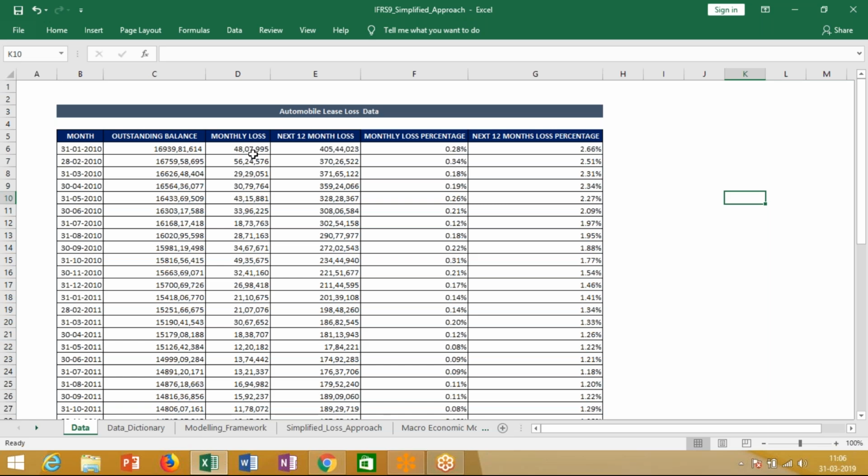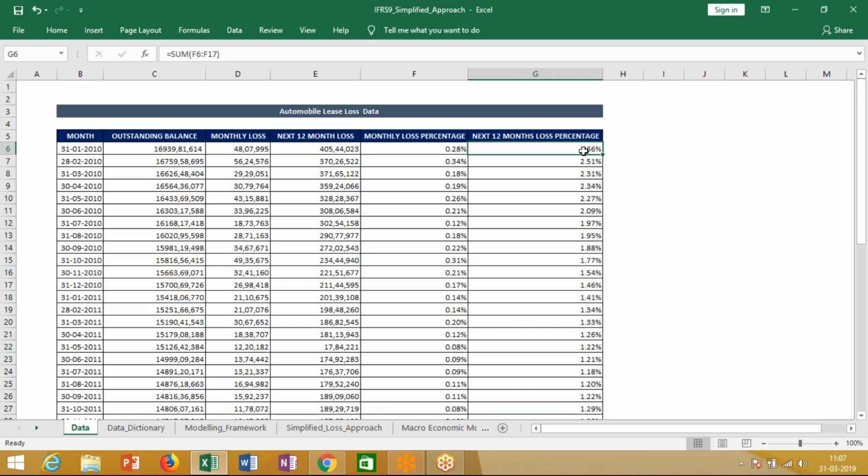And over here, what you do is you compute the next 12 months loss and you check what the overall loss percentage is. So this is what the overall data set is.